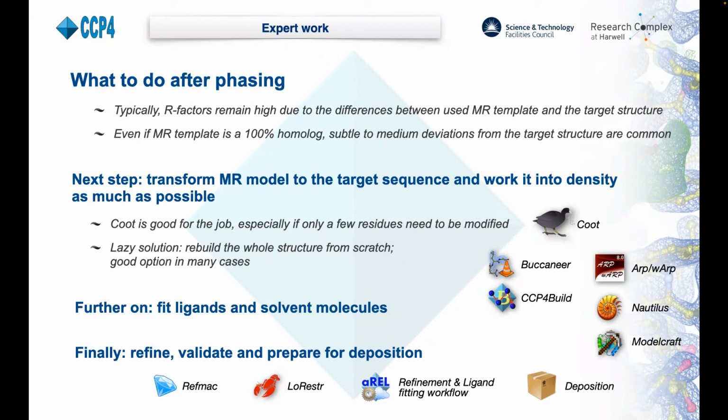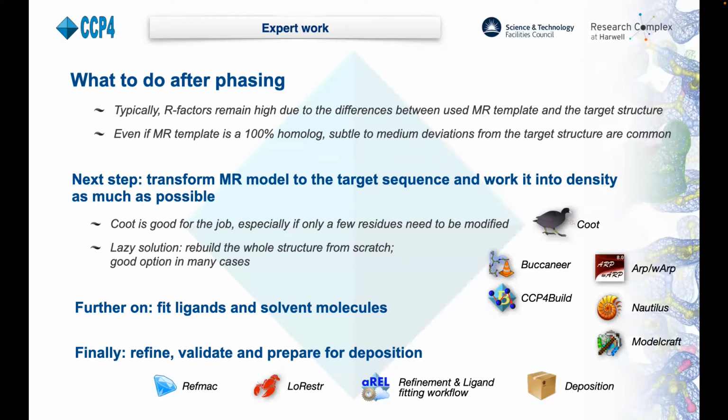In plain words, residue types should be brought in full accordance with the target sequence, side chains reconstructed, and main chains retraced in improved phases. After that, any unmodeled density blocks should be interpreted as either missing residues, ligands, solvent, ions, and so on. After the structure is finally refined and validated, it can then be deposited to the PDB.